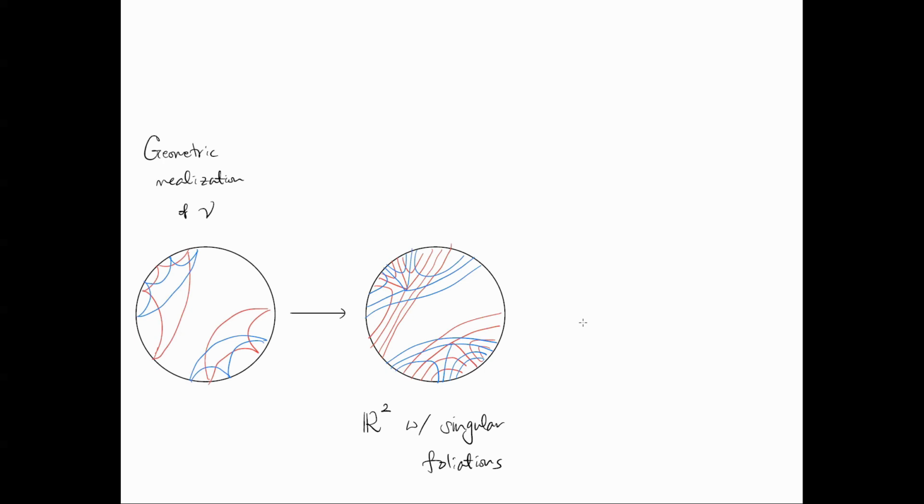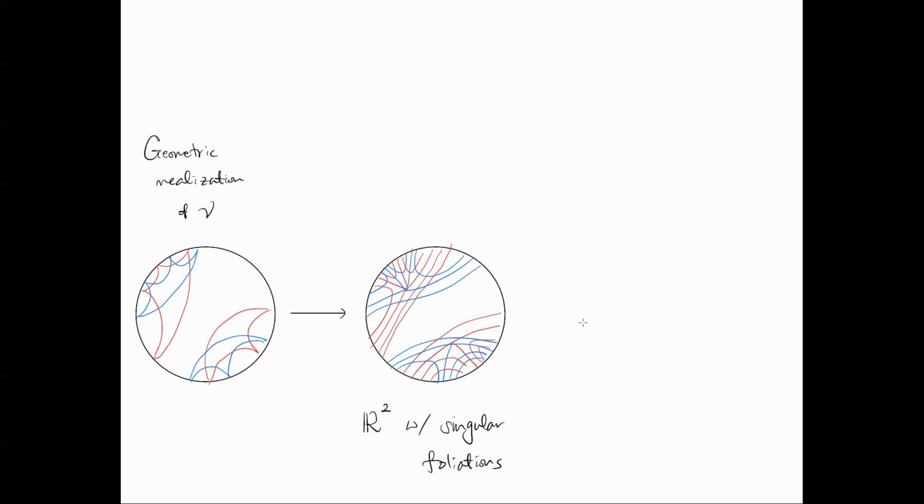Here, I'm not going to define exactly what equivalence relation I'm using to take the quotient, but all the gaps, the connected components of the complement of the union of these two laminations, imagine you collapse each to a point. Well, you need to be careful, but that's the idea.